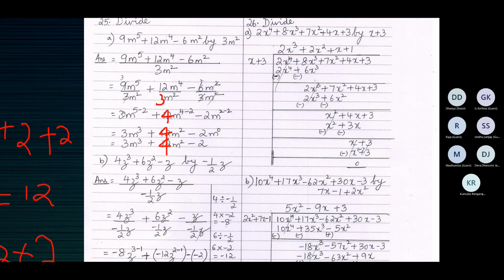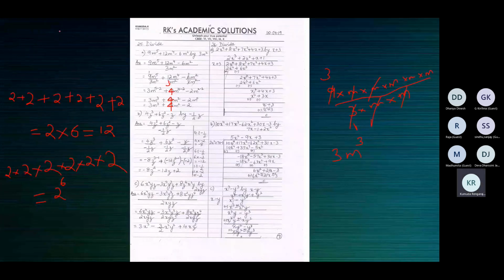I'll tell you. Supposing we have m to the power 7 by m to the power 9.